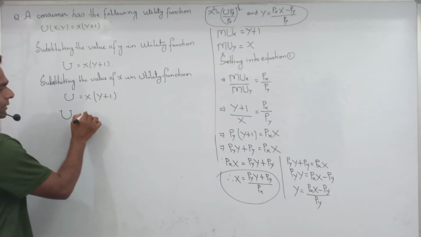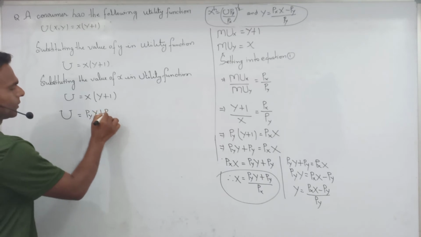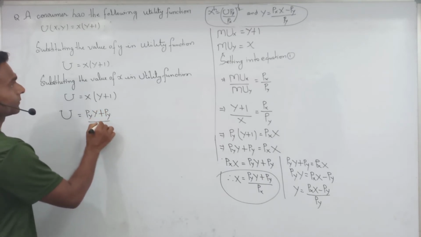X value: price of y times y plus price of y by price of x.